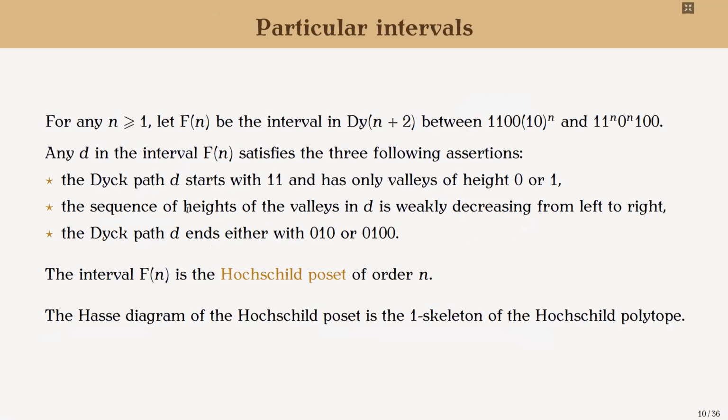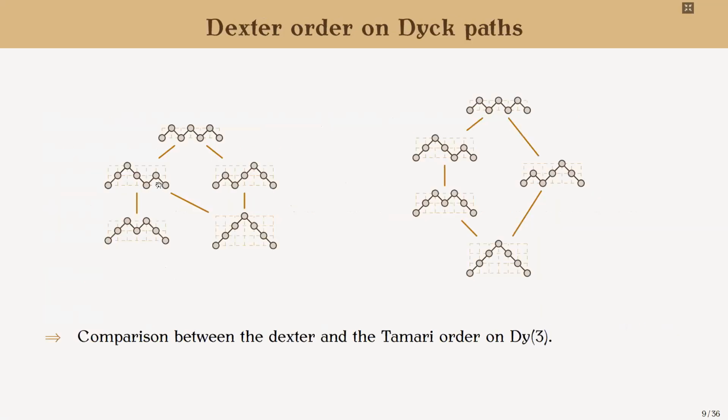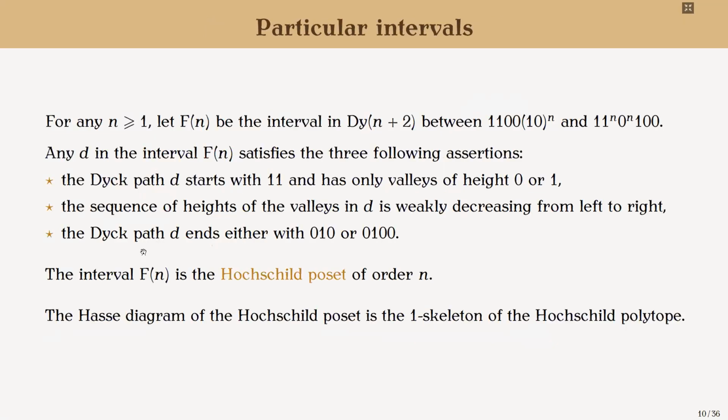Another property is that the sequence of heights of the valleys is weakly decreasing from left to right. We cannot really see that in this example, but maybe in the bigger example after.